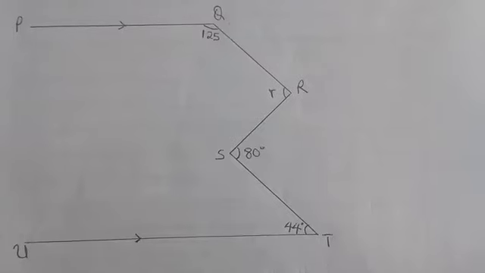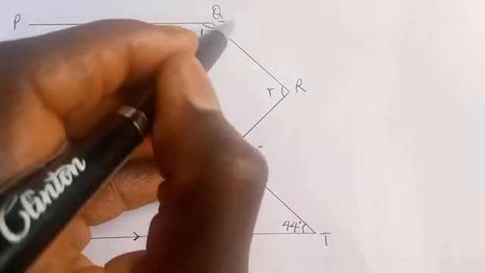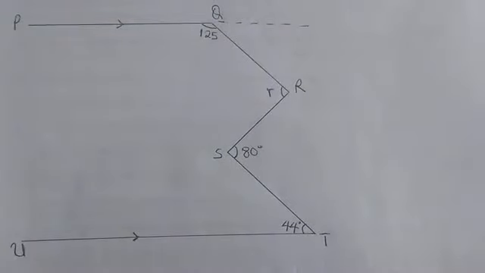So, the first thing we need to do in solving for the value of R here is to reproduce this line, because we are told from the information here that PQ is parallel to UT.